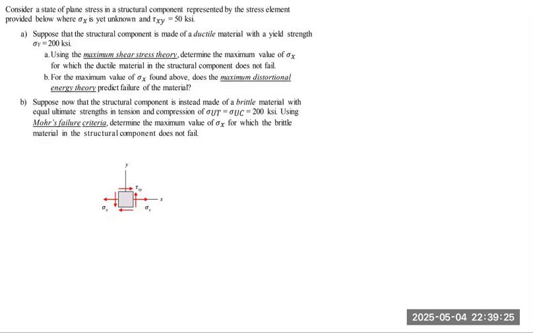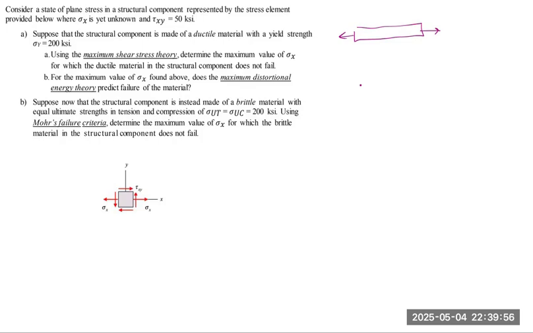A member under tensile loading, if it is a ductile material, tends to fail due to shear stress, due to this axial force applied at a 45-degree angle. And this is the basis for our maximum shear stress theory and maximum distortion energy theory.